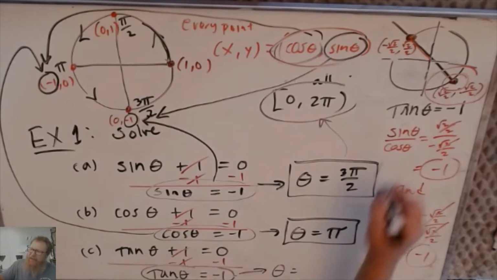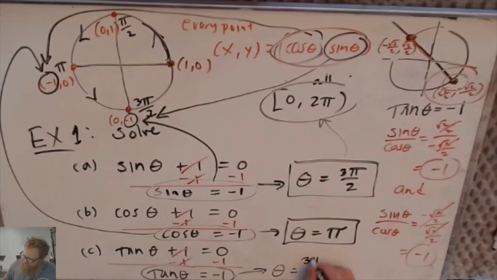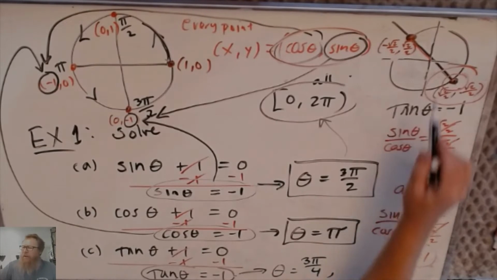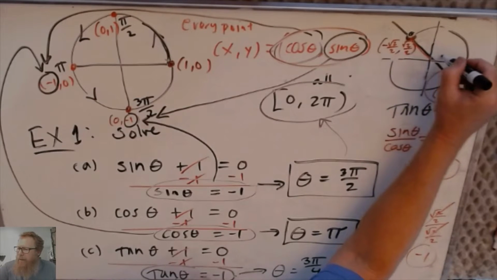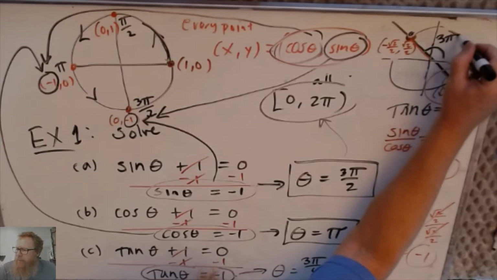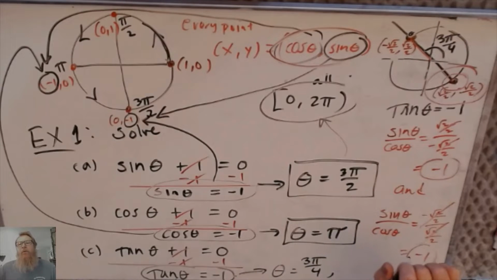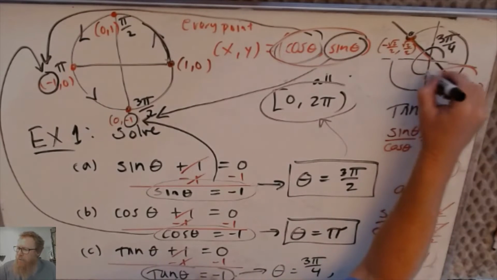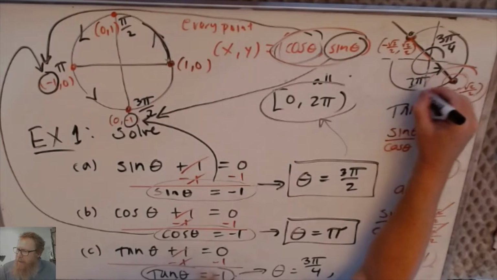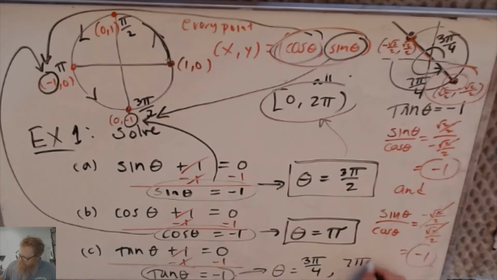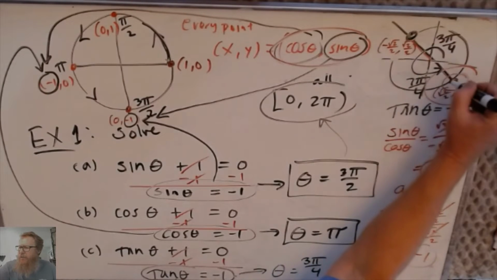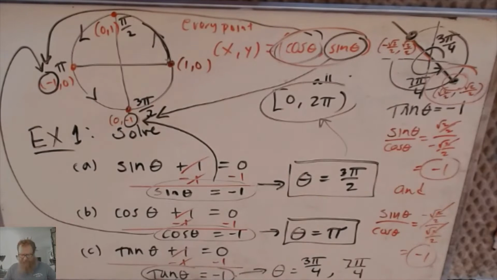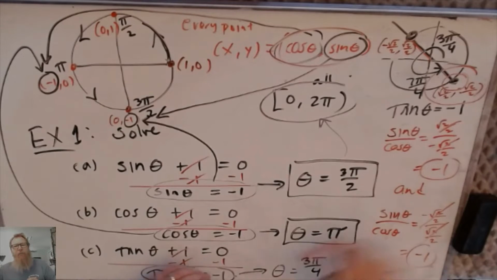You have theta equals 3 pi over 4, that would be this point here, or 7 pi over 4. So you have two possible solutions for the tangent to equal negative 1.